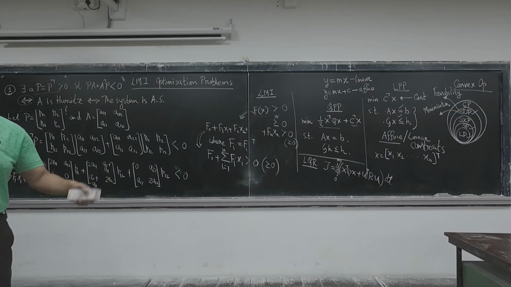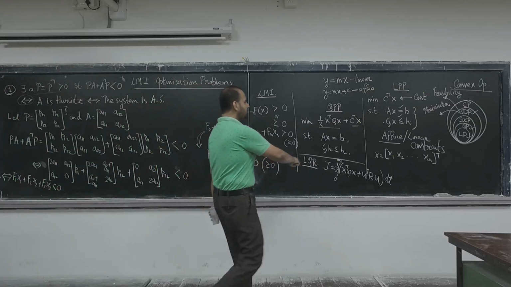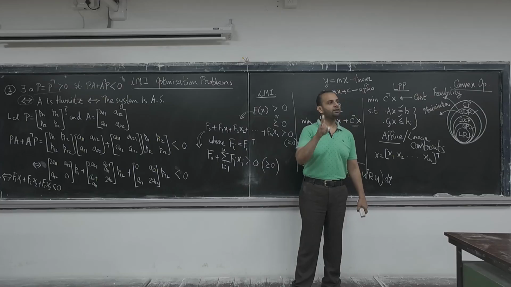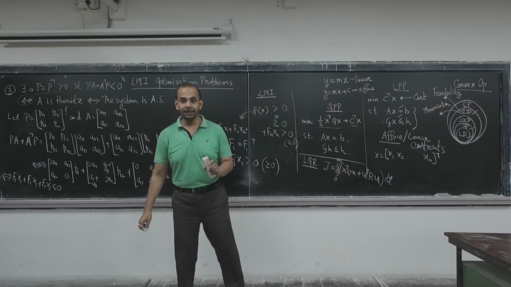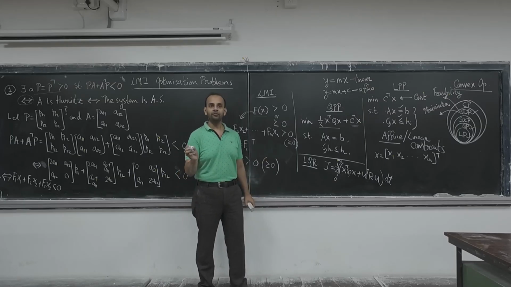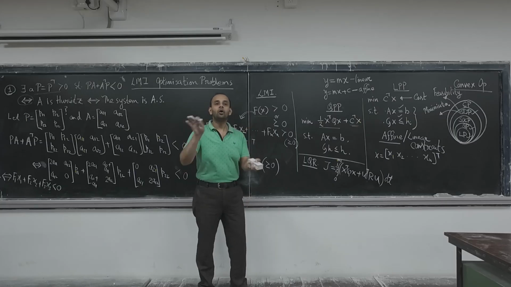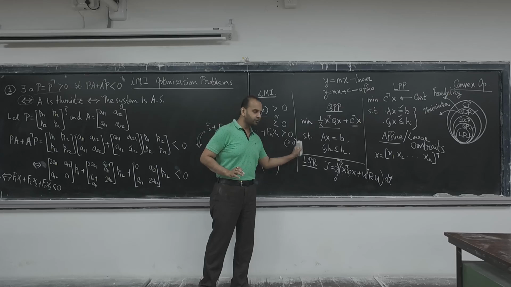Then the LQR problem means find an optimal u function, u star of t, so that this J function is minimized, where x and u are related by the dynamic equation x dot equals Ax plus Bu. Still, it is an unconstrained optimization problem. Why? Because so far we have not imposed any constraints on the magnitude of x or u. That's why it is an unconstrained LQR problem.